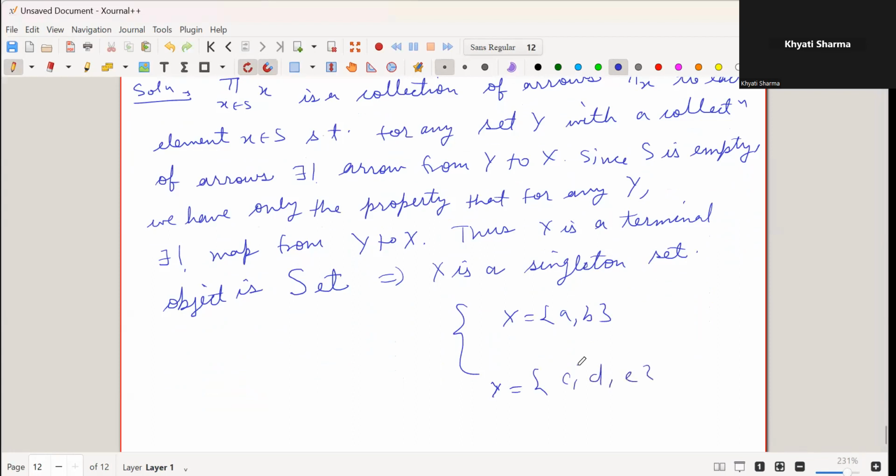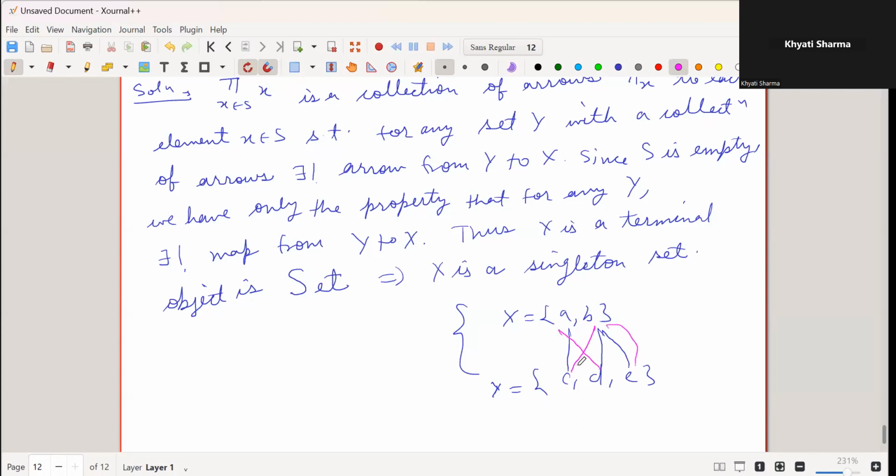three elements, then you may map c here and d and e here through one map, or the second map you can define is you can map b here and d here and e here.